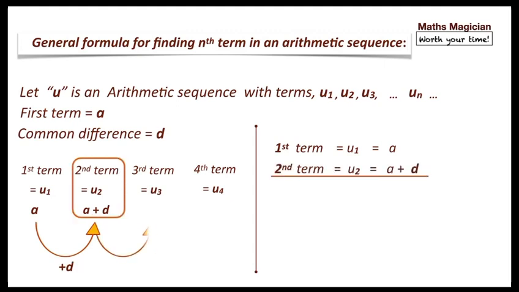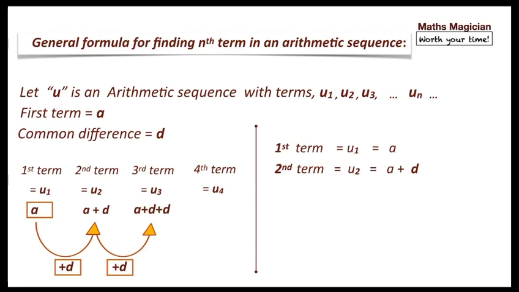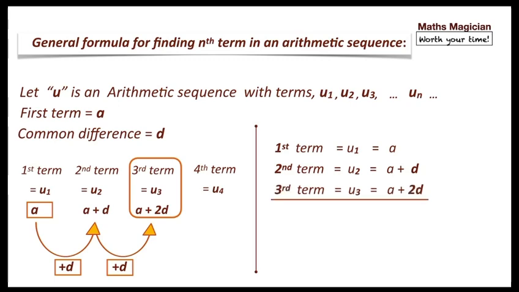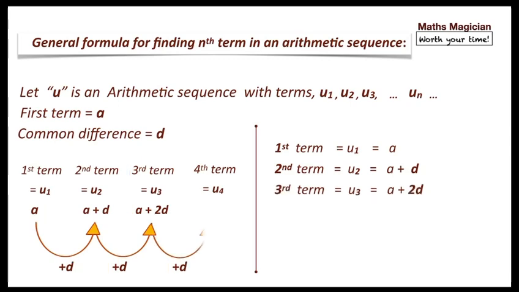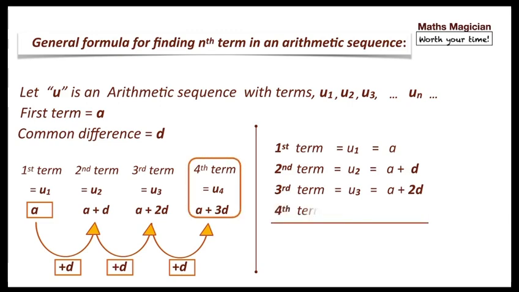Next term, which is third term, will be A plus D plus D, first term plus 2 times the common difference D. We write this also on the right side. Now fourth term is A plus 3 times the common difference. Let's write it also on the right side.